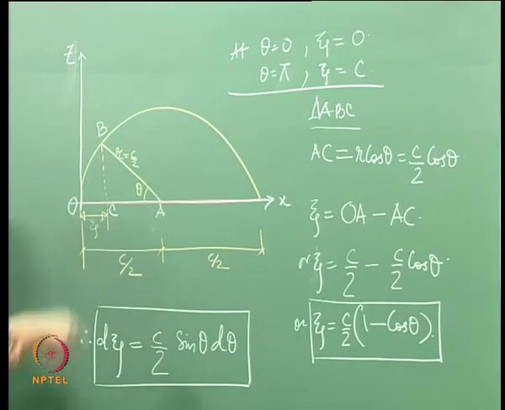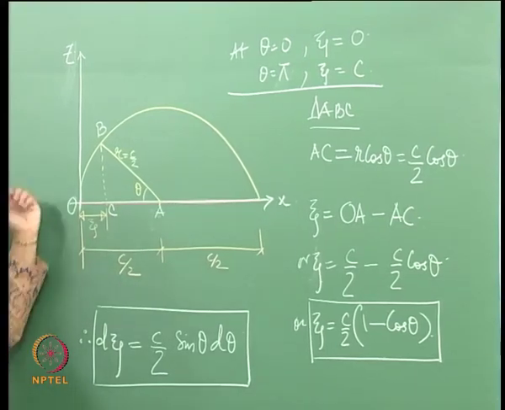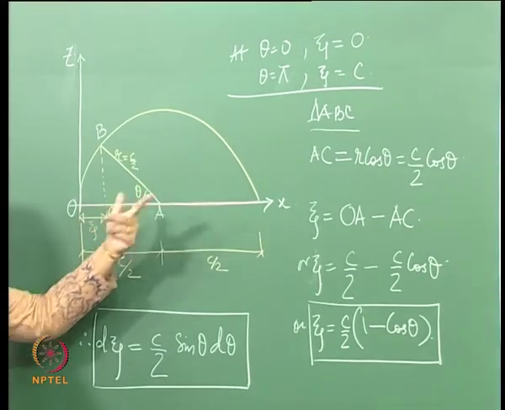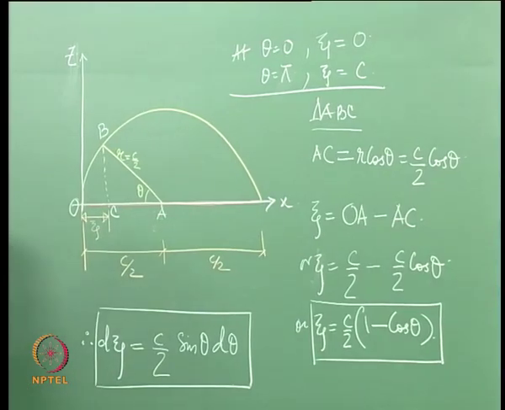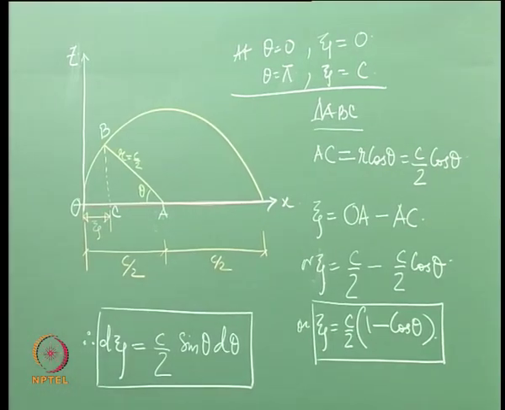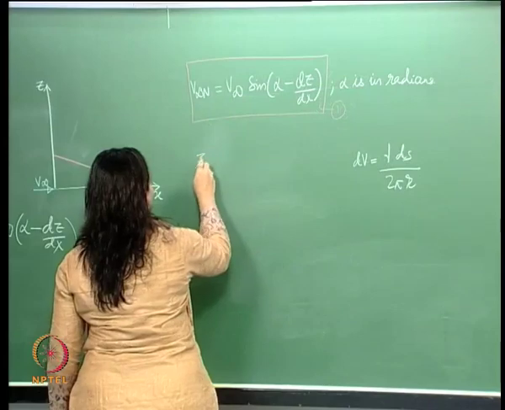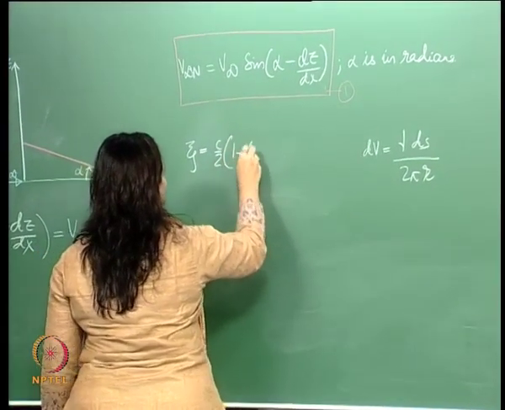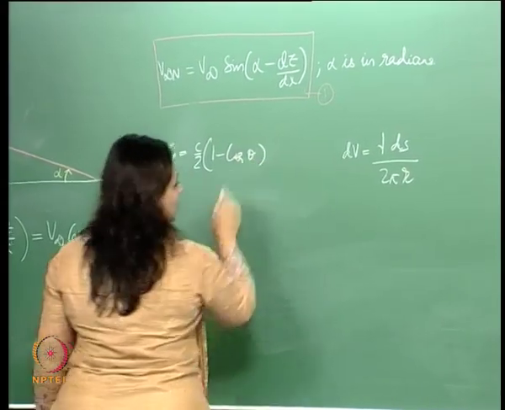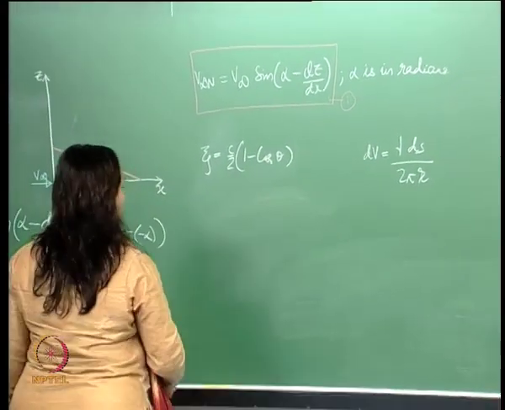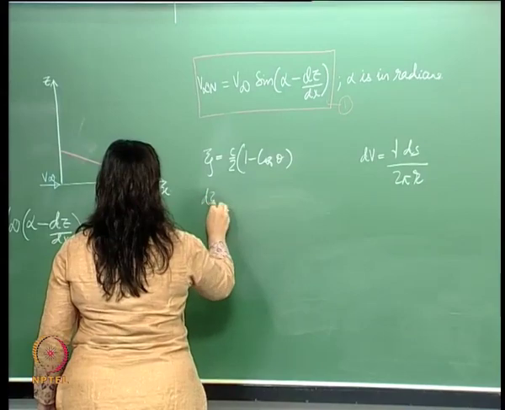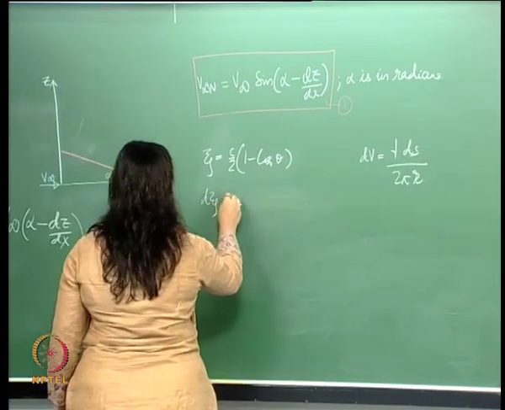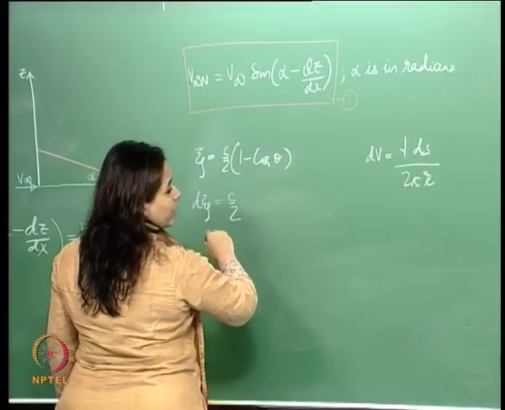If I write that in terms of the angle theta, then we can let the integral go from 0 to pi. So, I am going to use that and write this down here first. z is equal to c by 2, and dz is equal to c by 2.